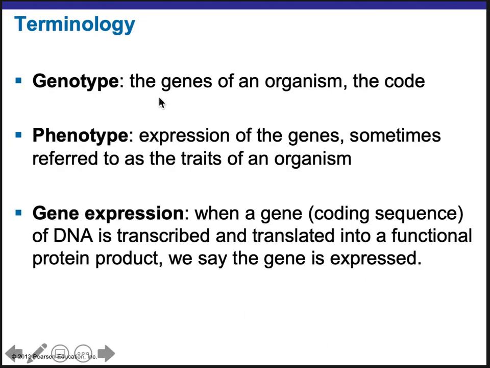genotype refers to the specific sequence, the actual genes of the organism, right? The code, the sequence, the ATCG pattern, okay? The phenotype is what you observe, the product of that gene.